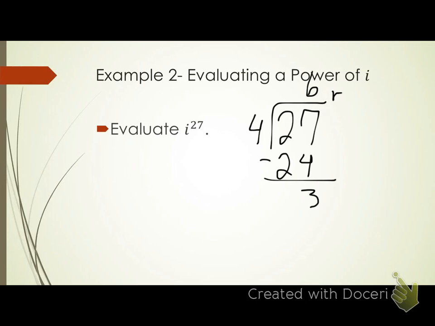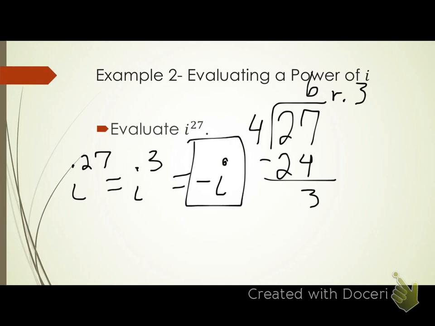So I get 6 with a remainder of 3. So i to the 27th power just equals i to the third power, because that's what my remainder is. What's i to the third power? i cubed equals -i. So -i would be my answer. Does that make sense?